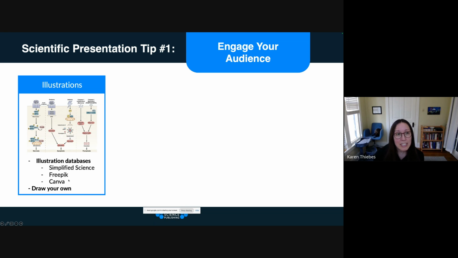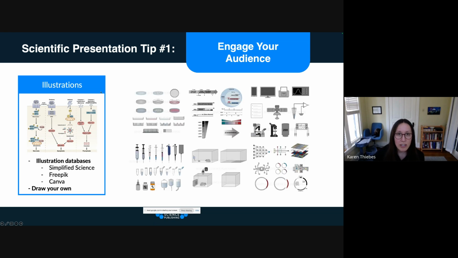But once you get into it, it's not that hard to start to use some of these templates, such as these vector templates, where you can, if you have cells in a dish, if you have a method you want to share, you can use these templates to build a custom method illustration or a custom summary illustration that really helps tell your scientific story more clearly than just words on your screen or words on your poster.